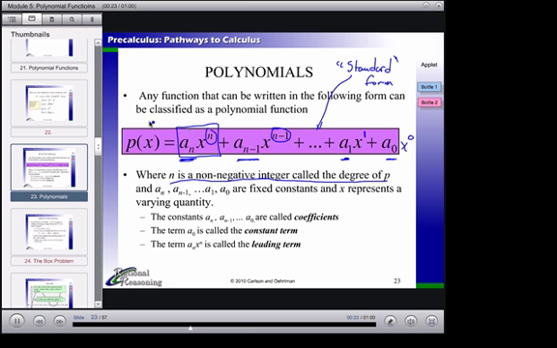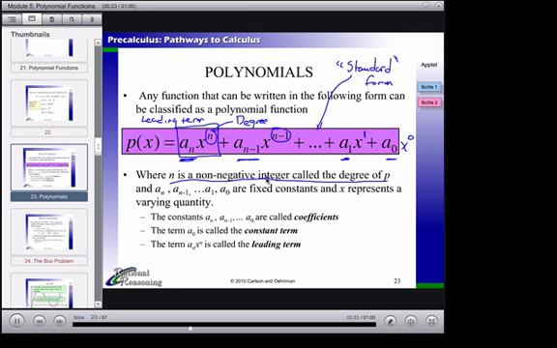This is what's called the leading term. The leading term is the term that has the highest power of x. And that highest power of x is called the degree. That's the degree of the polynomial. Okay, so the leading term, again, is the one that has the highest power of x.